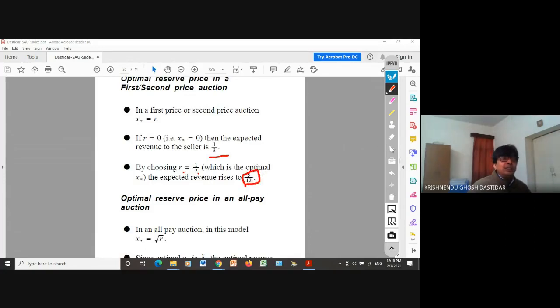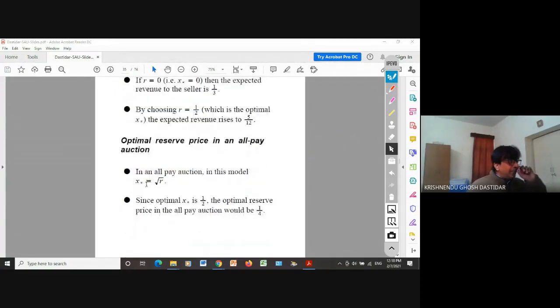Now, what about an all-pay auction? In an all-pay auction, x star will not be equal to R, but rather the square root of R, in this specific two-bidder auction with uniform distribution. Since the optimal x star is half, the optimal reserve price in an all-pay auction would be 1/4. But that would give rise to the same expected revenue, 5/12.